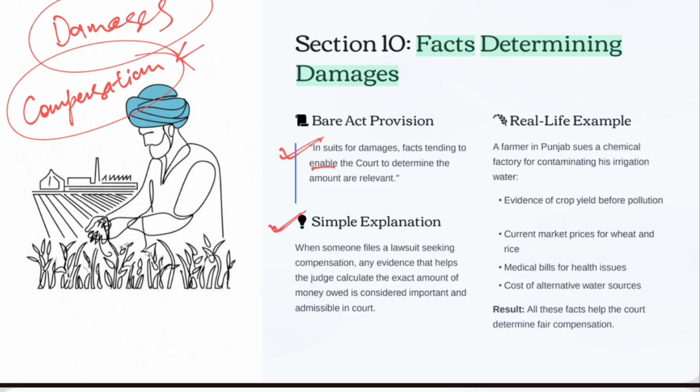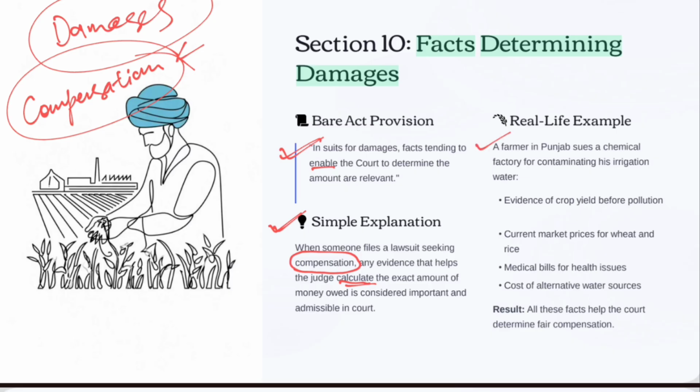If I try to explain it in a simple manner, when someone files a lawsuit seeking compensation, any evidence that helps the judge calculate the exact amount of money owed is considered important and admissible in court.